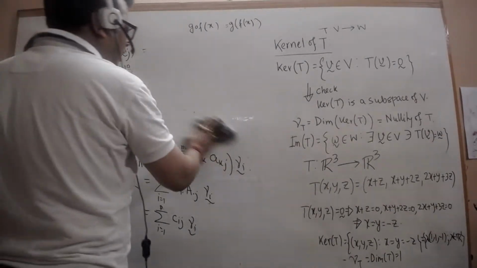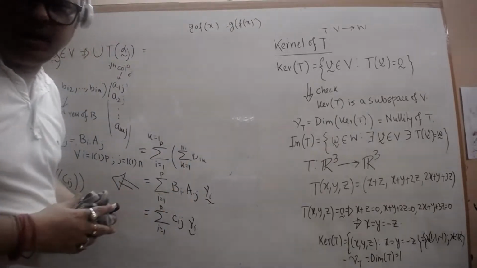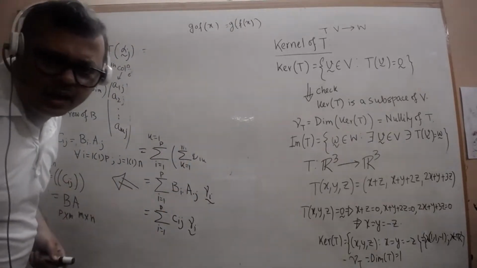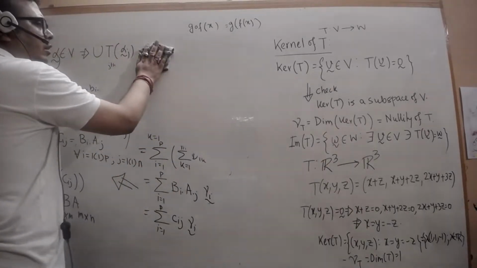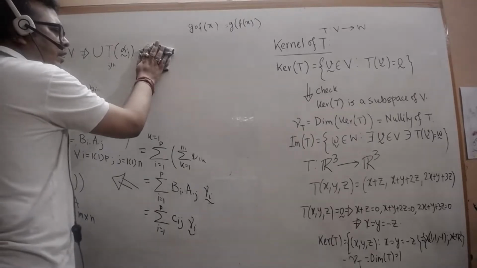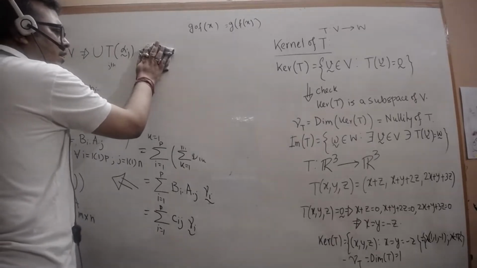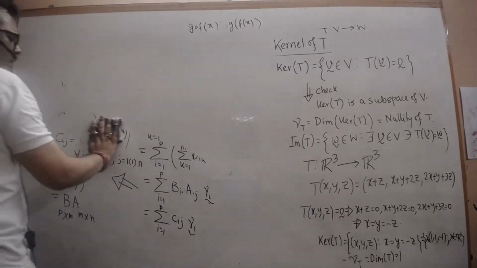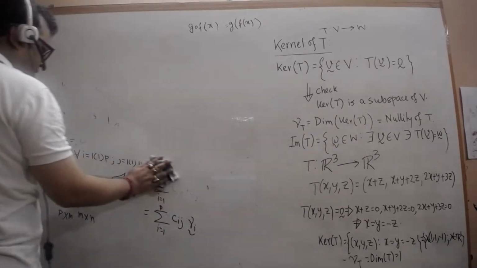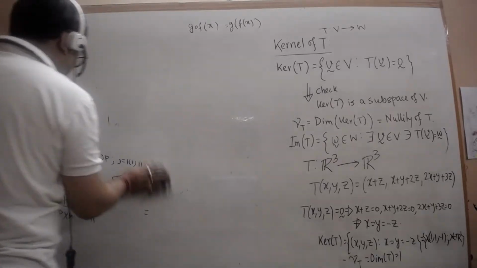So kernel and null space are the same thing. Null space is a particular space. You can say null space or the space consisting of the solutions of the homogeneous equation.